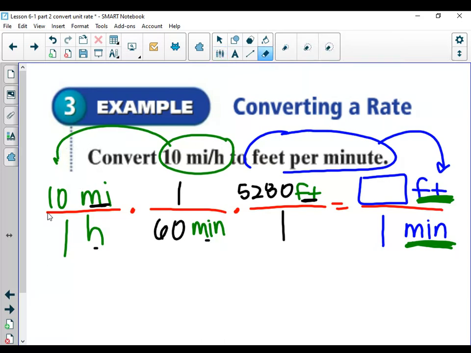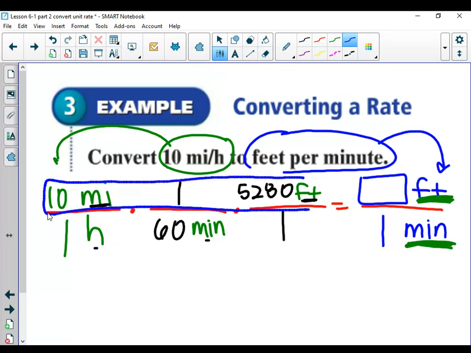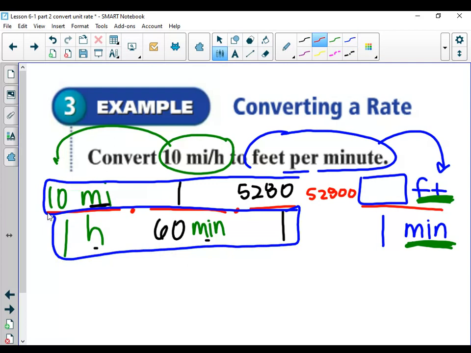Don't have to. 10 times 5,280 equals 52,800. 1 times 60 times 1, 60.